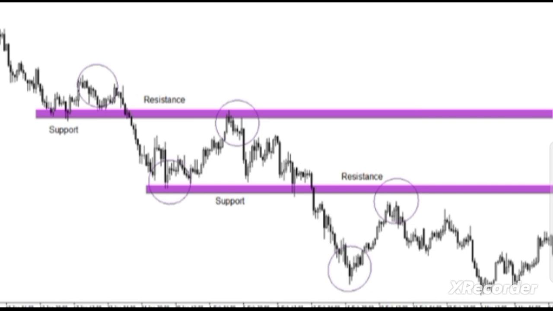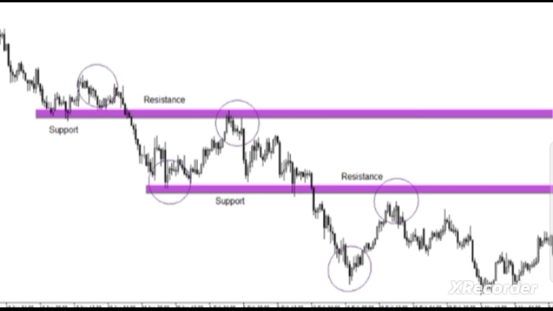Only based on the market structure and psychology, we can interpret the market and tell what the next market reaction will be.